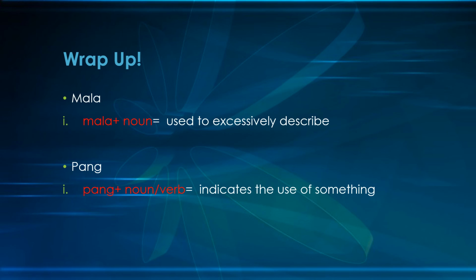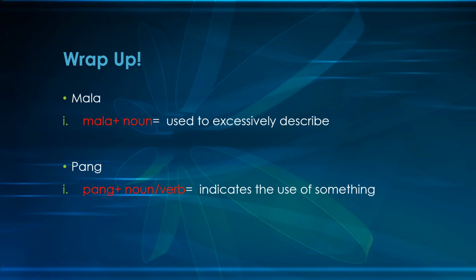And the last one is pang. We have here pang plus noun or verb, and we use this to indicate the use of a thing. For example, we have a thing called soap. In Filipino, it's sabon.